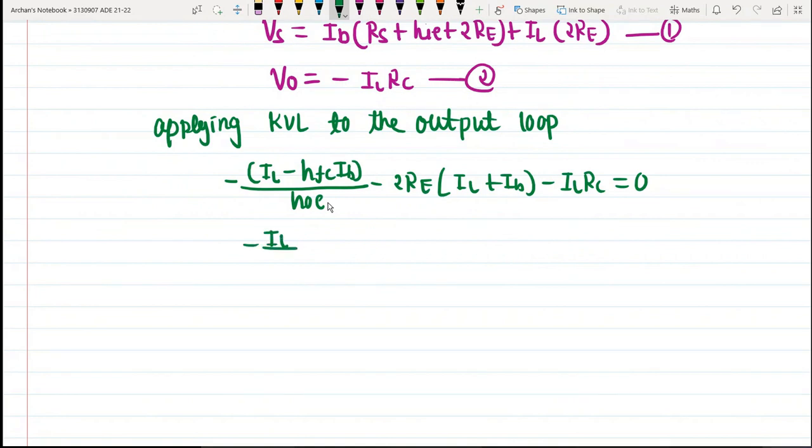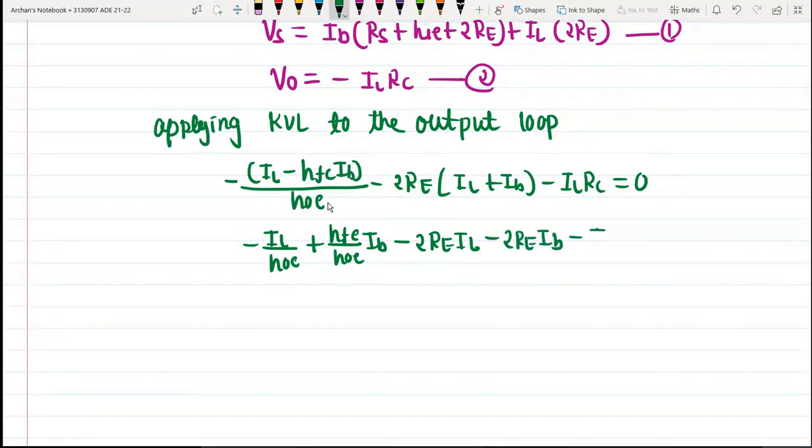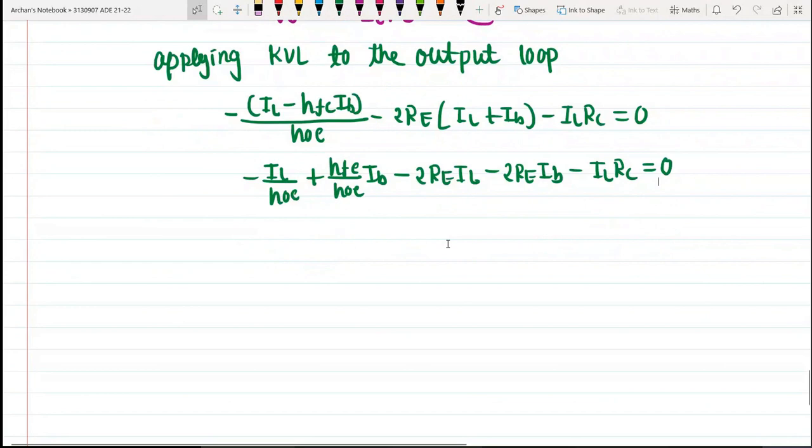We will get IL upon HOE plus HFE upon HOE IB minus 2 RE IL minus 2 RE IB minus IL RC equal to 0. Okay, so let us take IB common.